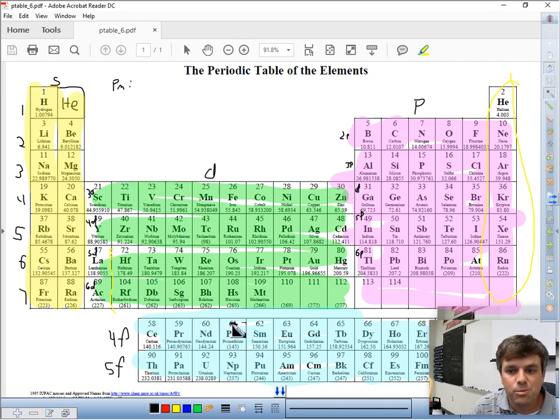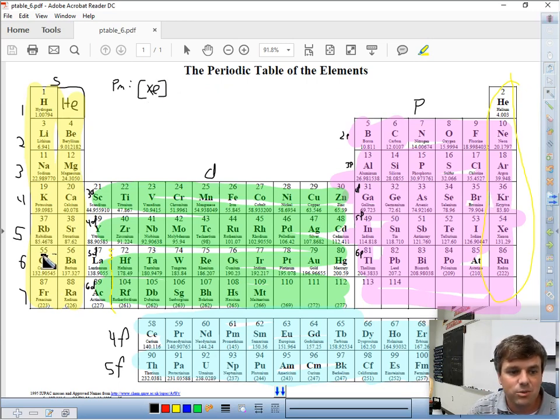Well, we need to go back to the end of the previous row. Just count the numbers: 61, 60, 59, 58, 57, 56, 55, 54. So xenon is at the end of the previous row.